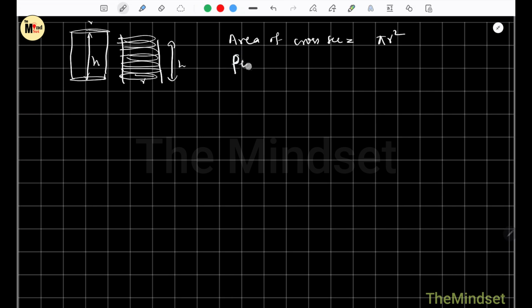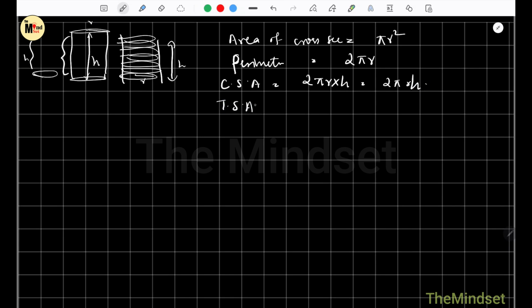The perimeter of the curved surface is the perimeter of that circle, which is 2 pi r. Curved surface area is the surface area of this curved portion, which is the perimeter of one circle, 2 pi r, into the height, which is equal to 2 pi r h.